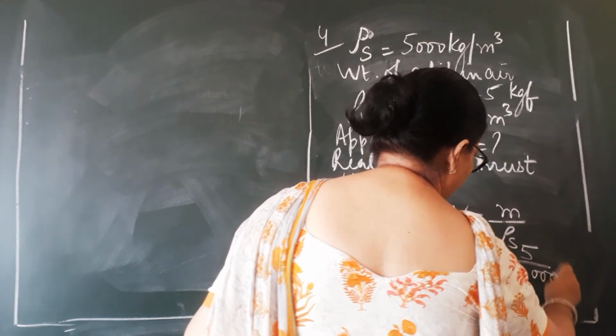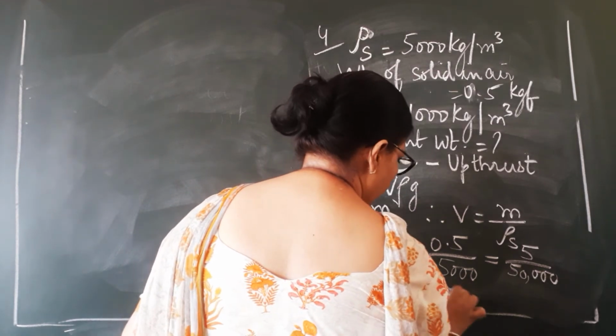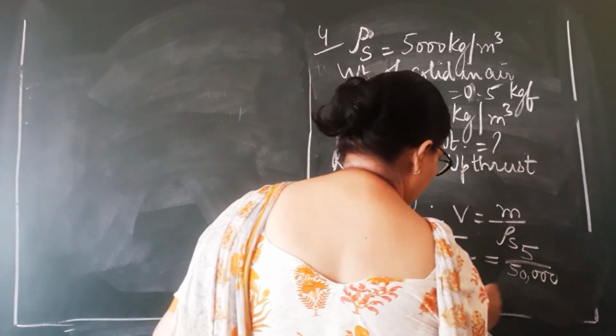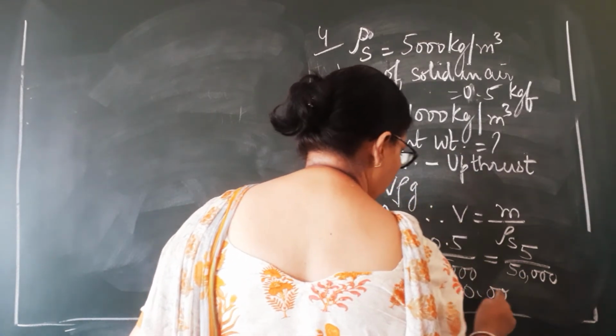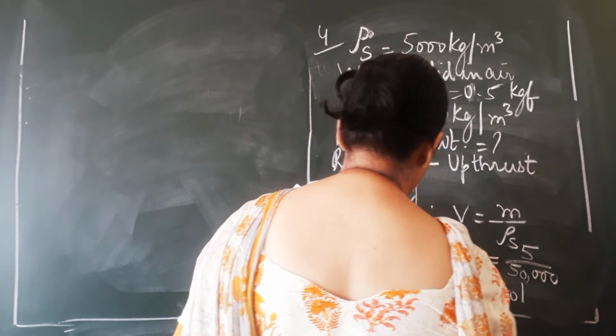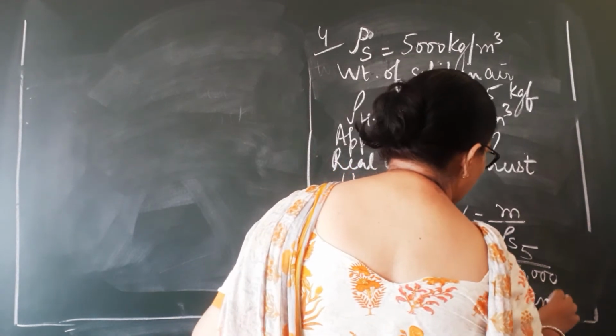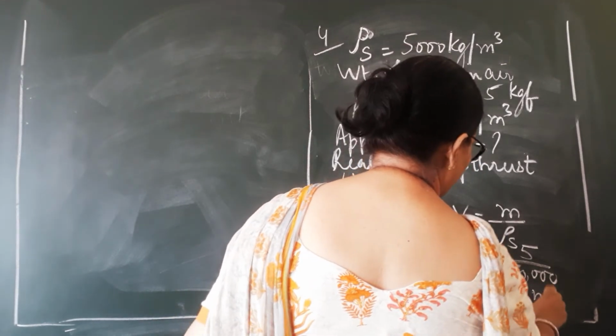And what is 5 upon 50,000? 1 upon 10,000, which is 0.0001. This is the volume, so cubic meter. Yes, cubic meter. Okay, children.